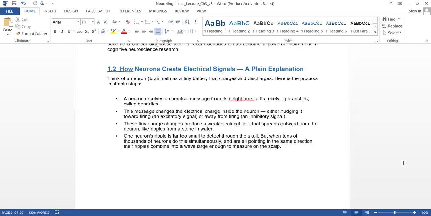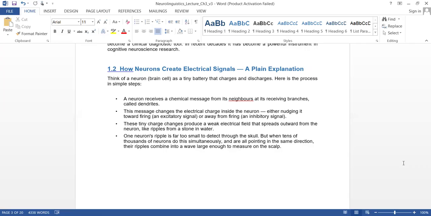Once again, for that, please look up the chapter, I think it's Language in Mind from the book, and read about what an excitatory signal and an inhibitory signal are.